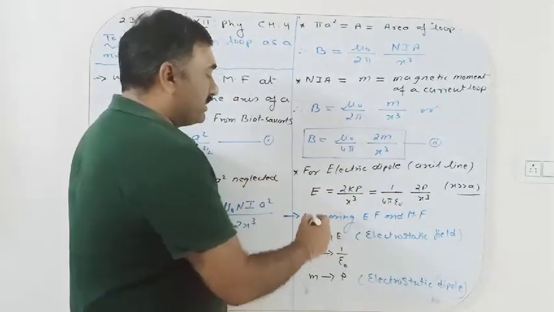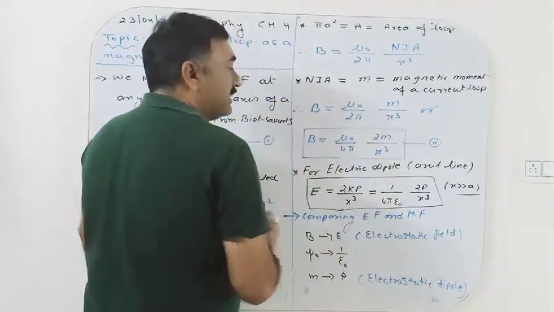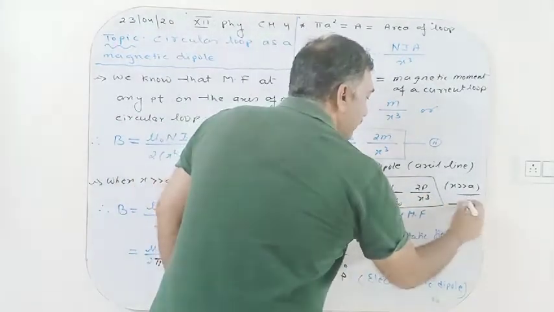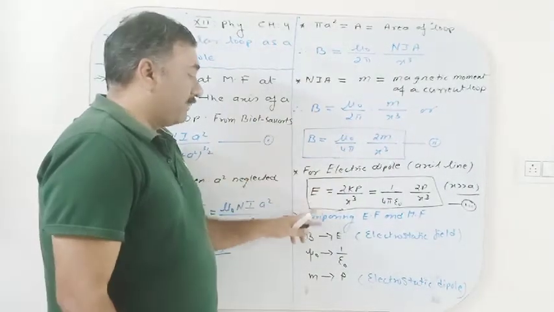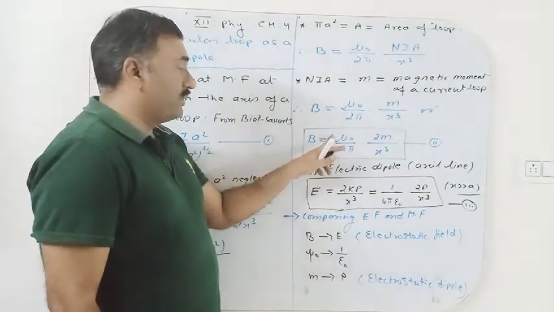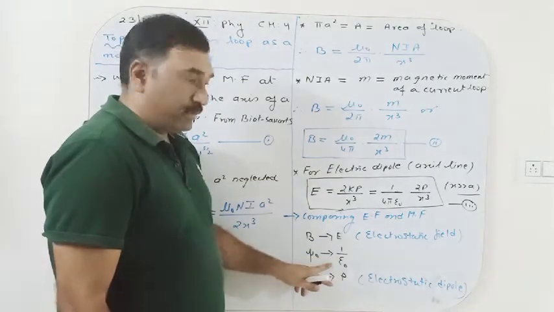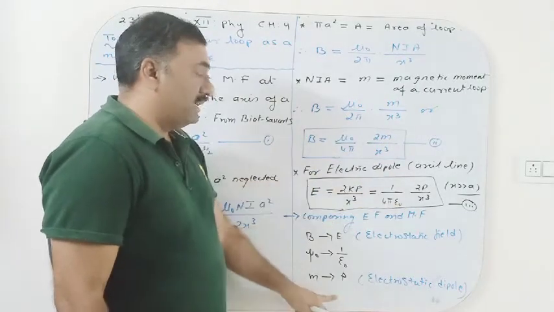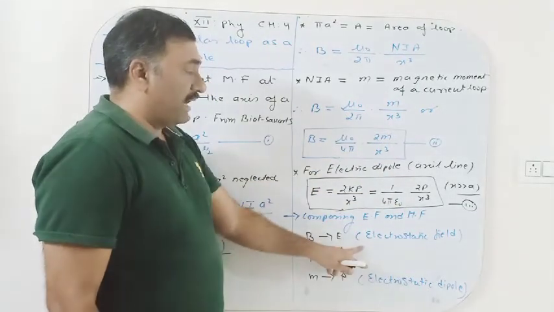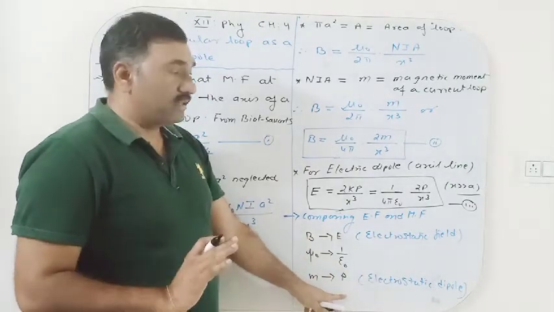Comparing equation number 2 and equation number 3, the magnetic field is compared with the electric field, and mu 0 is compared with 1 upon epsilon 0. These two are always reciprocal of each other. Then M is the magnetic moment and p is the electric dipole moment. Here we have the electrostatic field and the electrostatic dipole.